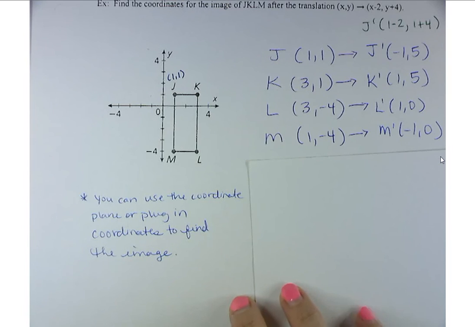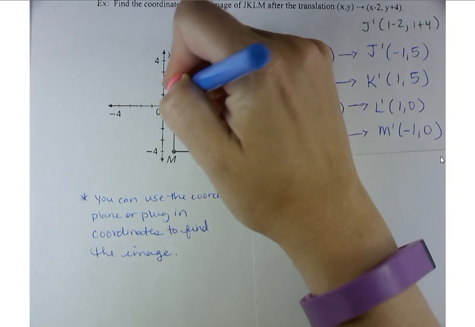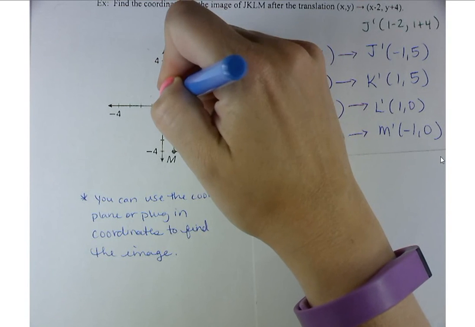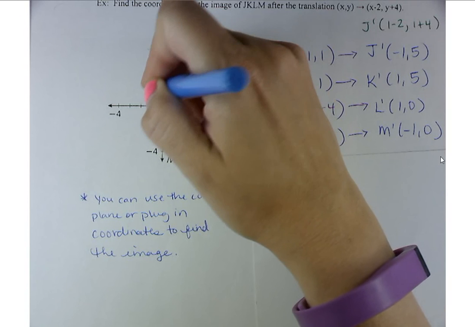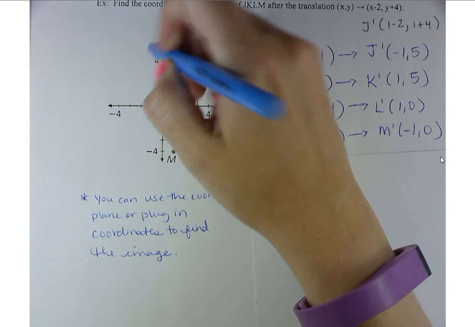Good? Okay, so you can choose. You can either use the coordinate plane, so I know a lot of you did that, which is great, or you can plug in the coordinate to find the image. If you are using the coordinate plane, make sure that you're labeling. So this would be over 1, 2, and then up 1, 2, 3, 4. So this is where your first one would be.